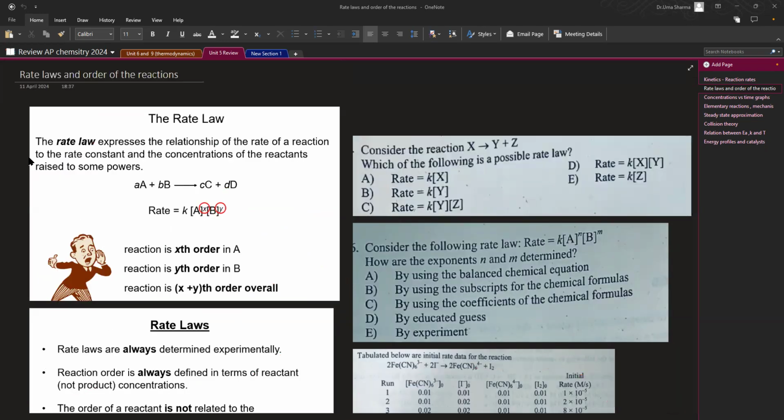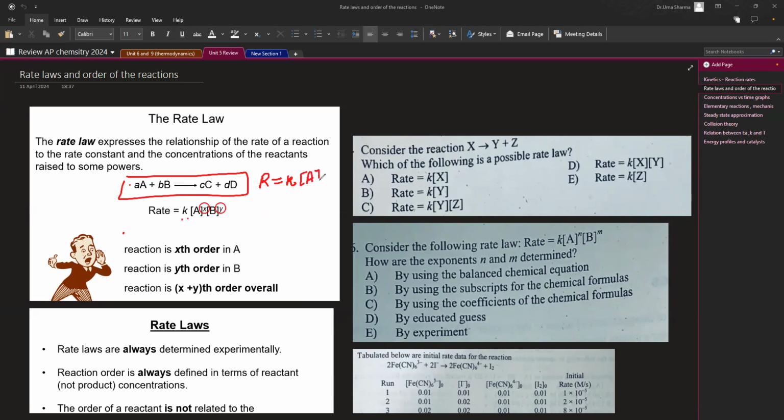So let's come back to the introduction now. If there is a reaction, then you are always going to assume the rate law equals k, where k means the rate constant. It's not the equilibrium constant, it is the rate constant.